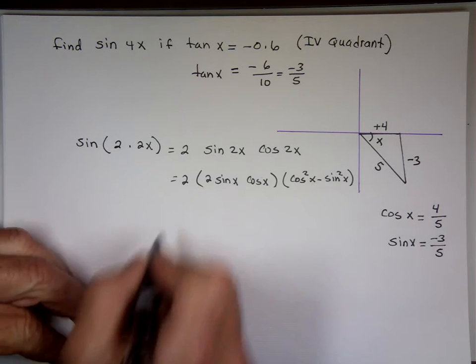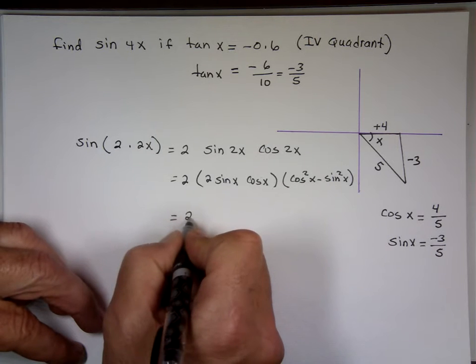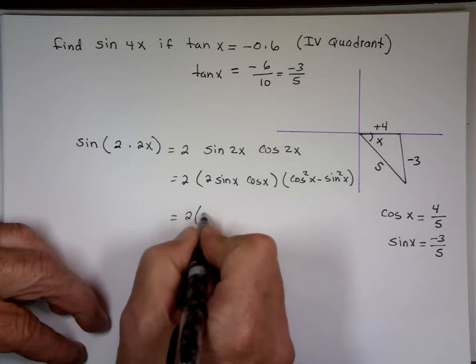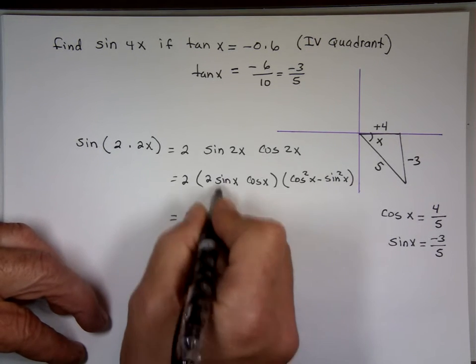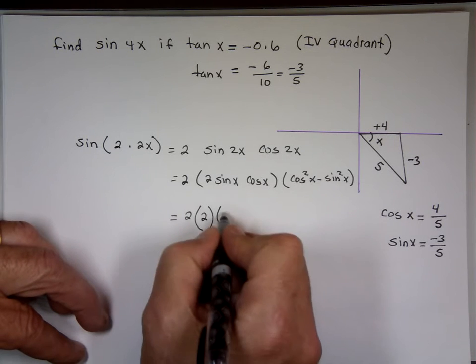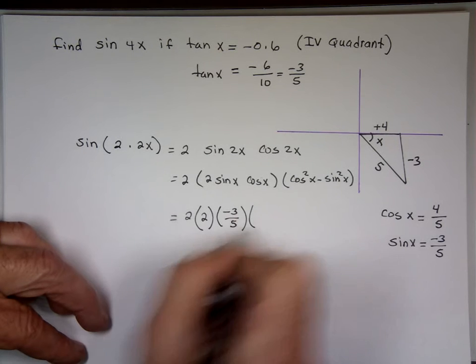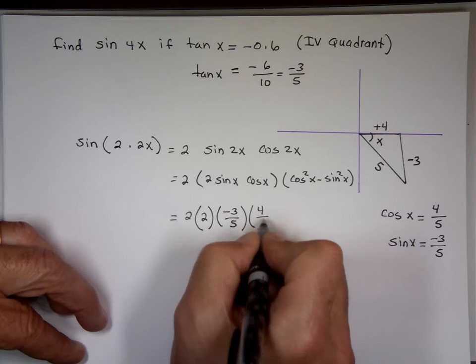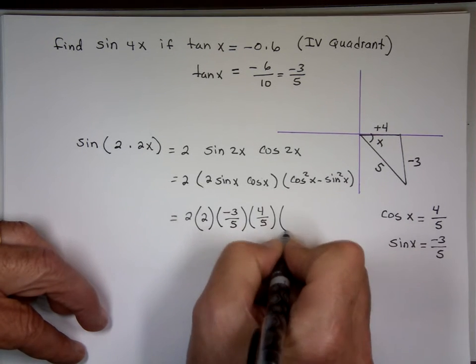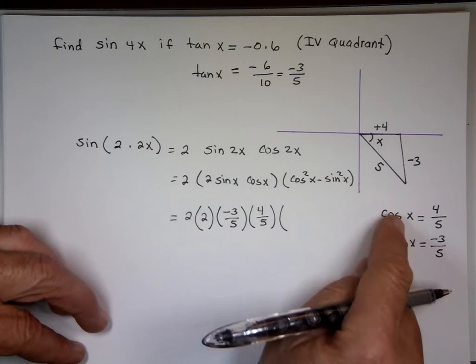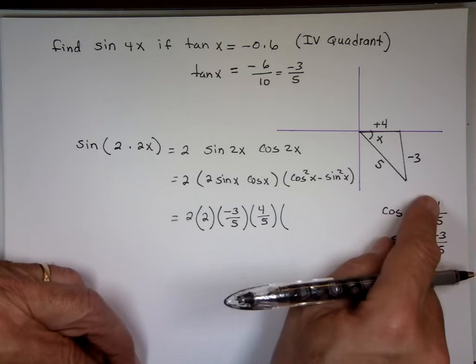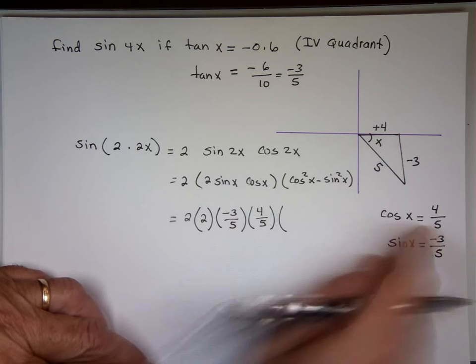You will have 2 times 2 times sine of x. What's sine of x? Negative 3 over 5. Times cosine of x, which is what? 4 over 5. Times the cosine squared minus sine squared. What is 4 over 5 when you square it? 16 over 25.